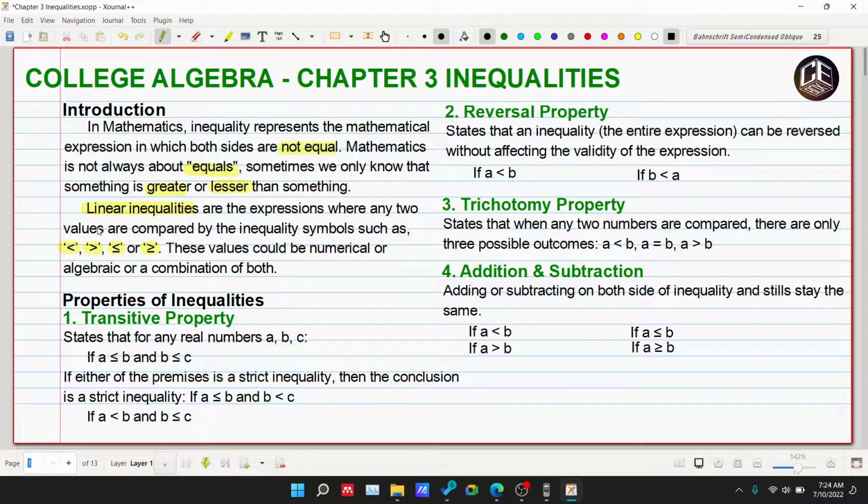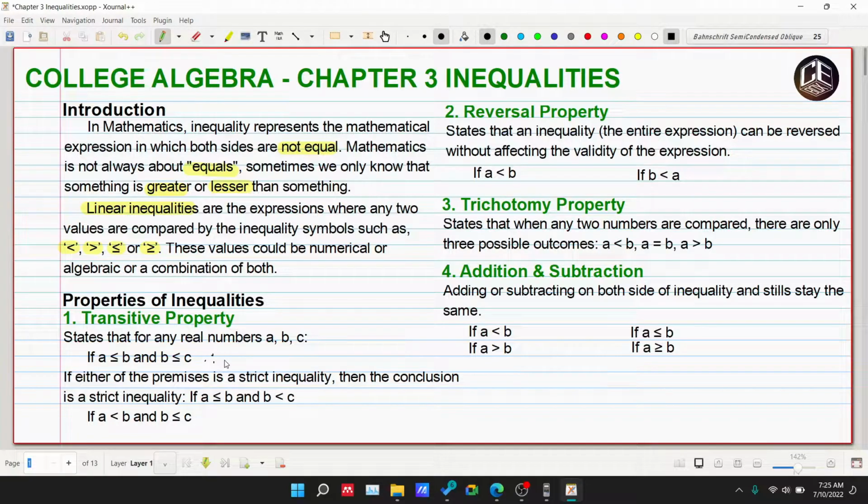Okay? Properties of inequalities. First is the transitive property. It states that for any real numbers, A, B, C, if A is less than or equal to B and B is less than or equal to C, okay? Therefore, alam natin na ang ating B is what? Sabi niya kasi rito, ang A natin is less than sa B at yung ating B is less than or equivalent to C. Okay?